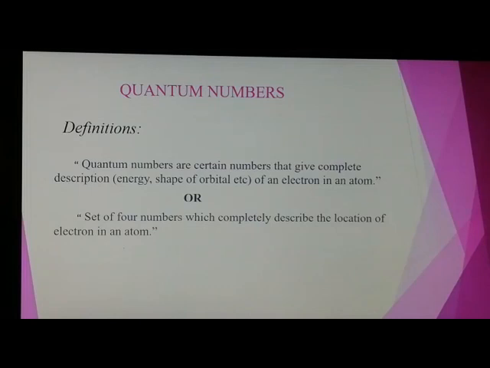And now we are going to discuss the definitions of quantum numbers. So the first definition is, quantum numbers are the certain numbers that give complete description, that is the energy and the shape of orbitals of an electron in an atom. Or we can say that the set of four numbers which completely describe the location of electron in an atom.